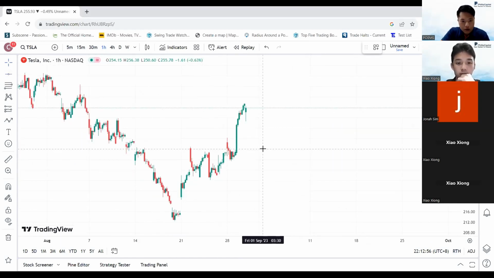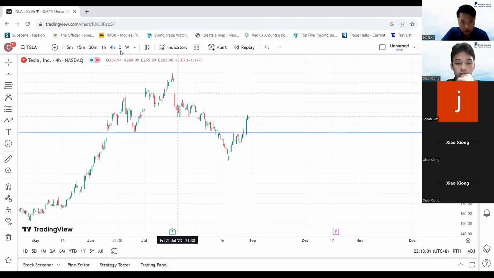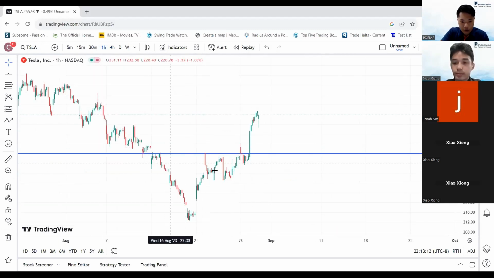Tesla already shot up. So again, probably a strong level, somewhere around 239, 240, because you realize I go by the 1 hour candle. Price taps, rejects, taps, rejects again, goes back down.